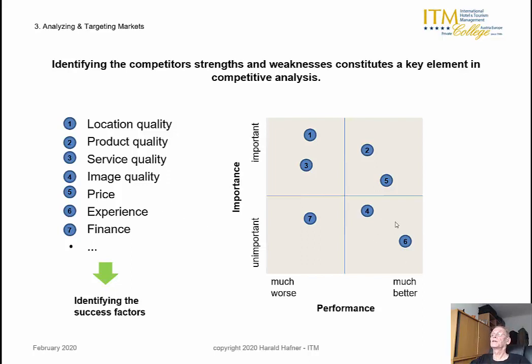Because instead of focusing on image quality and experience, we should shift those budgets from the less important things up here, in order to move our weaknesses into some sort of strength, or at least neutral. Now, the importance performance matrix is a real nice indicator for strengths and weaknesses in the industry.